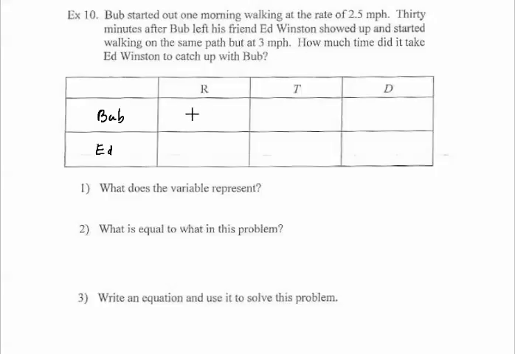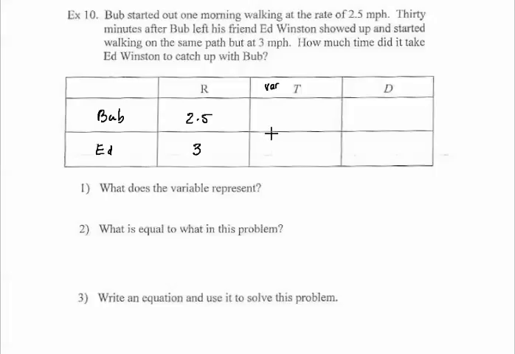We've got numbers 2.5 for Bub, that's his rate, and then 3 for Ed. So one of the columns, we're just given the numbers outright. Now this second column, time, is the one where we're going to have to use variables to nail down.